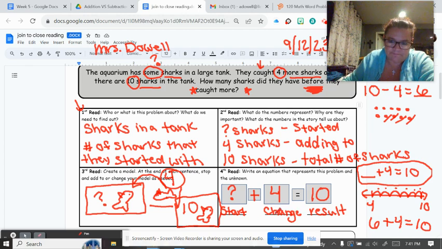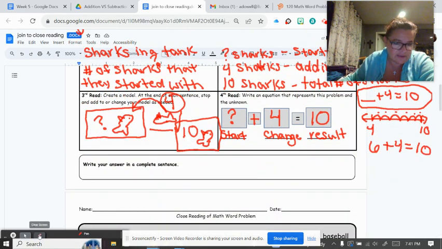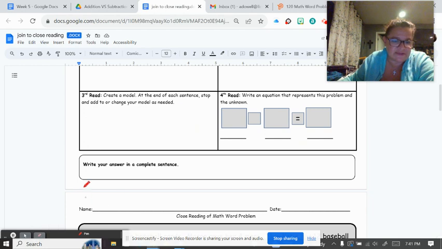All right. So how many sharks did they have before they were caught? I'm going to scroll down. I'm going to delete all this.